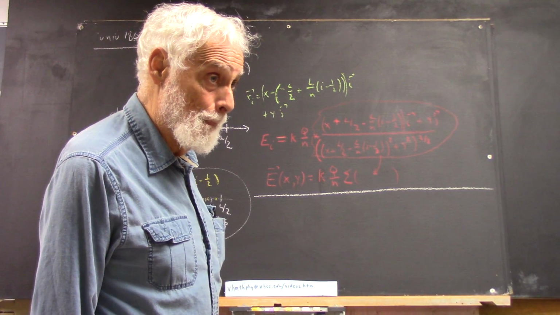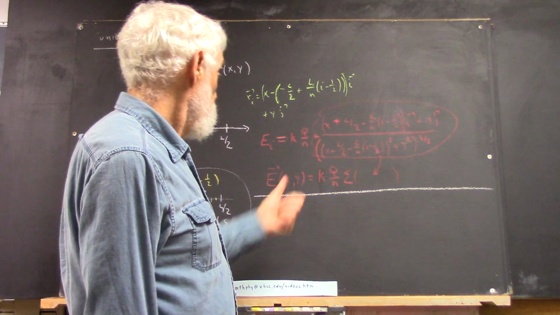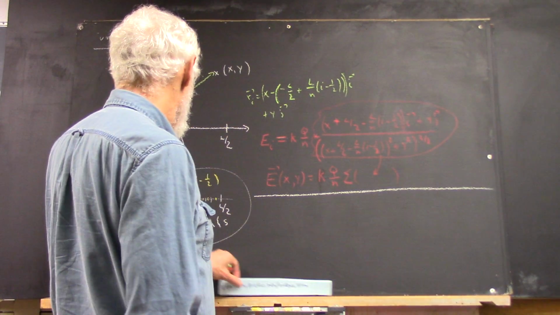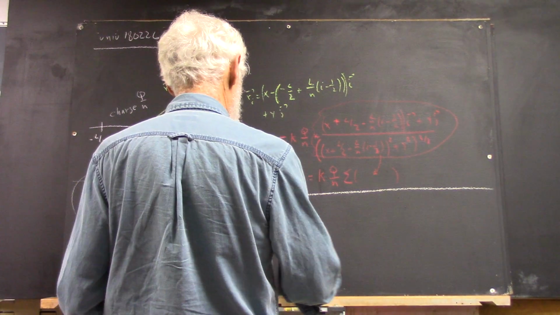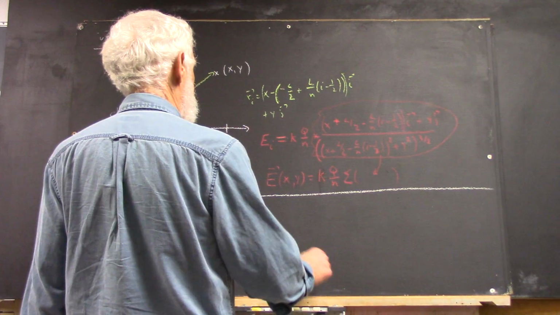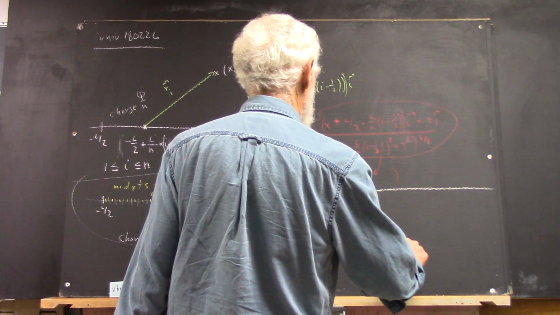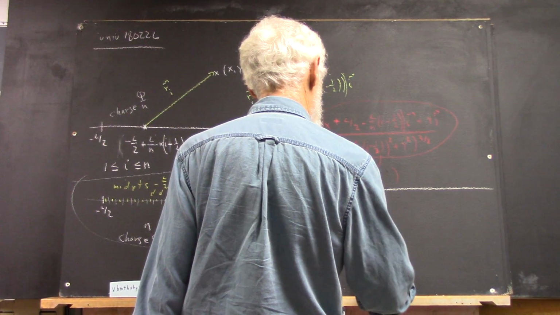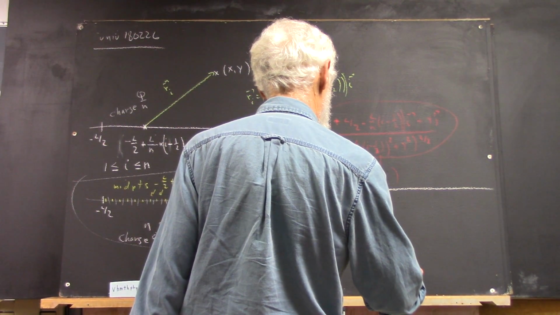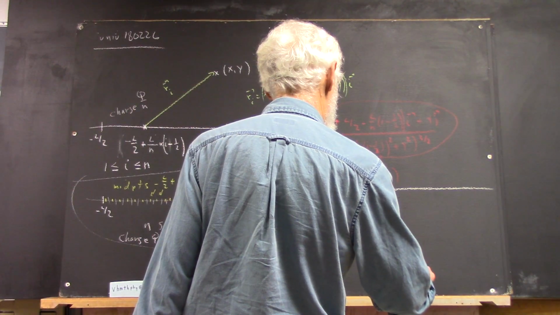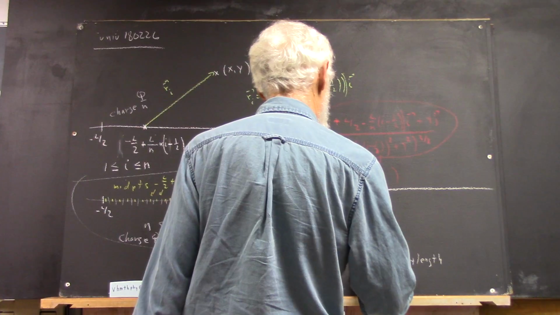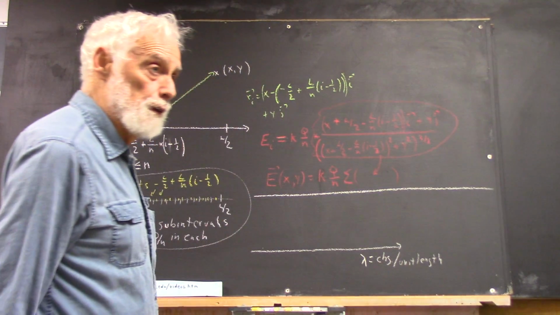Okay? And you would get an integral. But let's do the integral the way we're used to doing an integral. Okay? So we're going to go to where we have the whole x-axis. We're going to let lambda equal the charge per unit length.